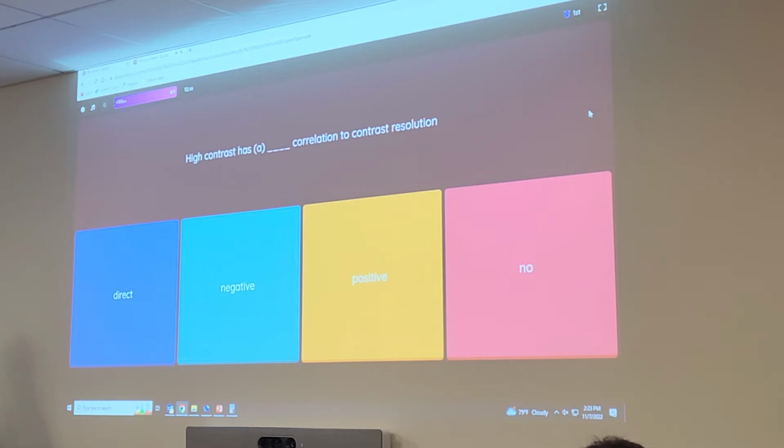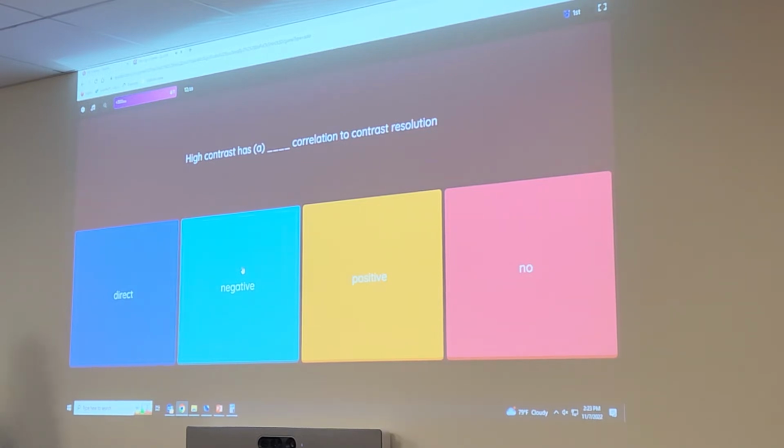What does that do to contrast resolution? If you have more shades of gray, what does that do to your contrast resolution? Increases, correct. So if you have only black and white, what does that mean to your contrast resolution? It's less. So it would be negative. That's why it's a little confusing.